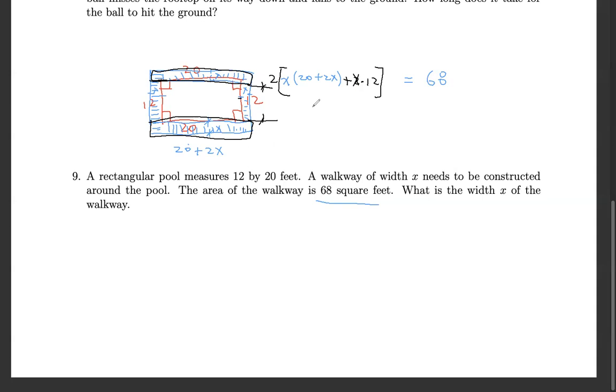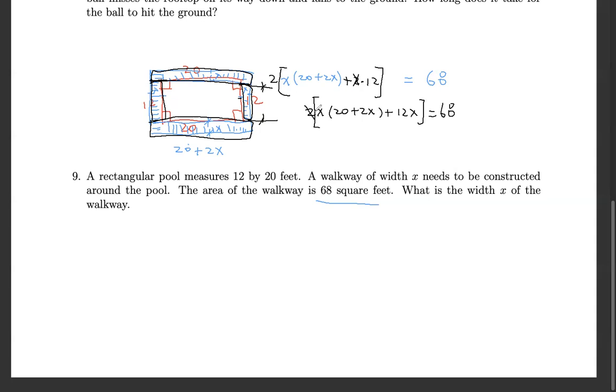Let me rewrite it. We have 2 times x times 20 plus 2x, plus 12x, for the 2 of this, because this is 12 times x, and this is also 12 times x. So I have 2 pieces equal to 68.